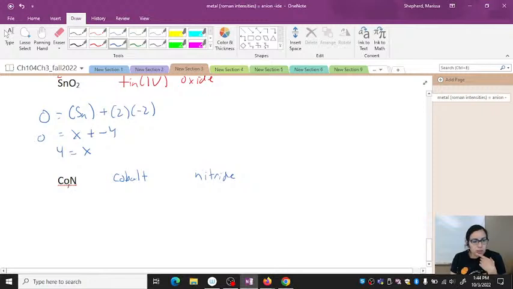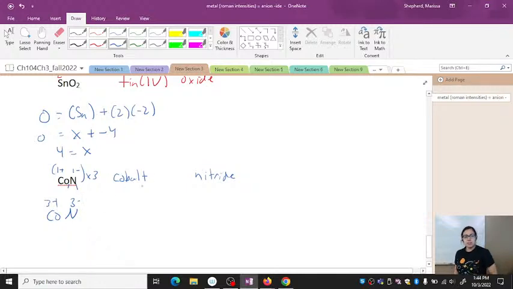So if you did the swap trick, right, where you get +1 and -1, except what's the charge on nitrogen usually? So it's 3 or -3. So then we'd have to multiply everything times 3 to give us cobalt 3 plus and nitrogen 3 minus. So that matches with what it is.